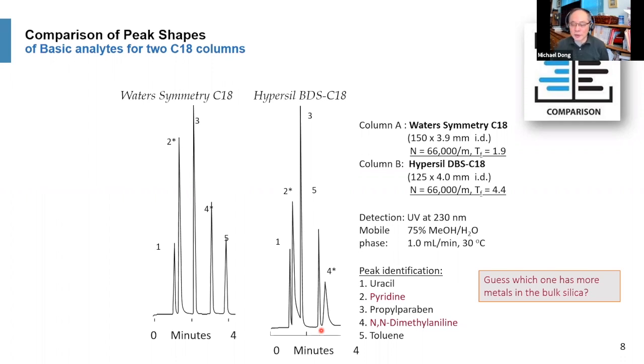Because of resonance with the d orbitals in the metal, it becomes ionized and becomes O-minus, which becomes an ionic interaction with anything that's basic. So that is really bad. You can see the tailing is just not acceptable.